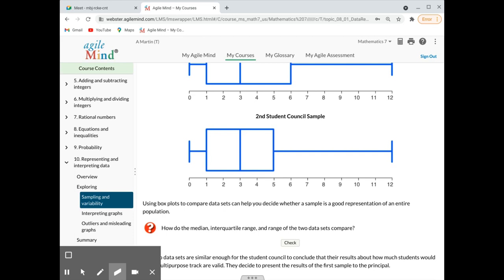What I want you to do is restate the question. So how could we start that off? The median, interquartile range, and the range of the two data sets compare because.